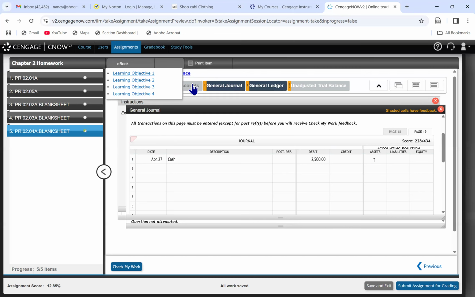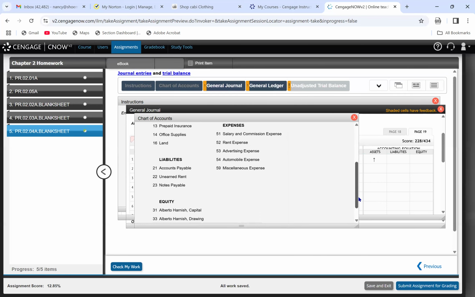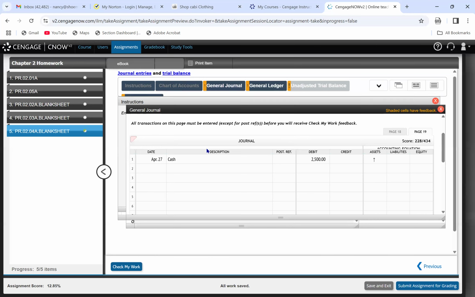And let's see, salaries and commissions expense is what we will credit. Salary and commission expense, 2,500.